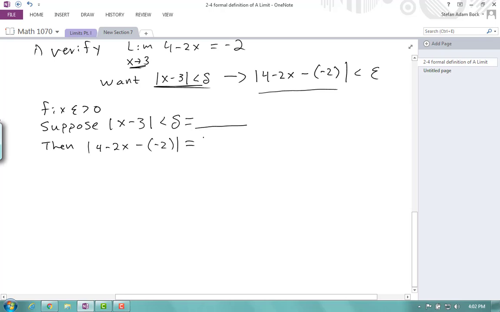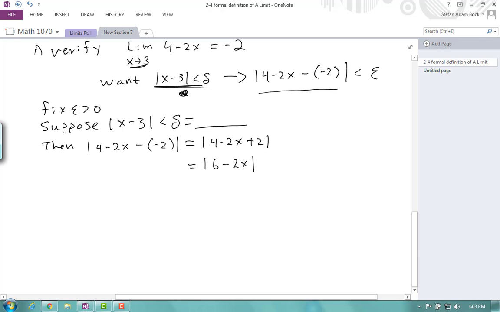So this simplifies to 4 minus 2x plus 2, which is 6 minus 2x in absolute values. Now, my goal for these problems is to try to get my x minus c to pop out so that I can replace it with a delta. But I don't quite have that. I don't even have a 3.